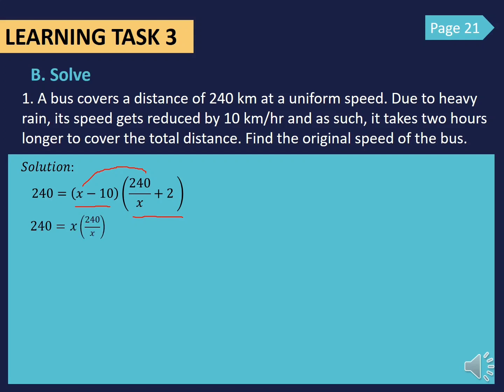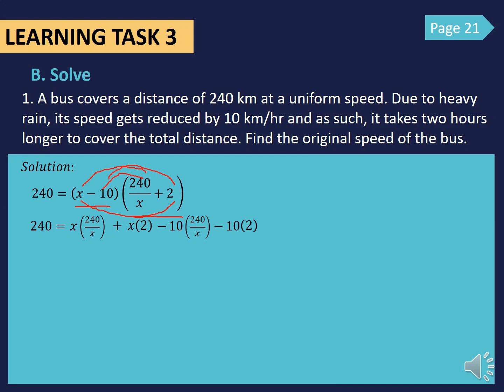And then, next, x times positive 2. Then, the inner terms, negative 10 times 240 over x. And lastly, we have the last terms, negative 10 times positive 2.